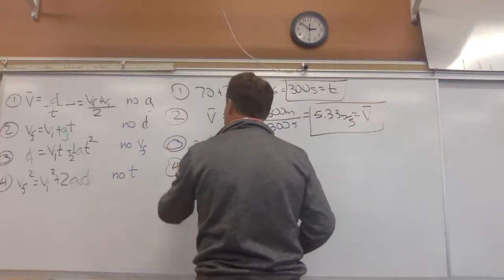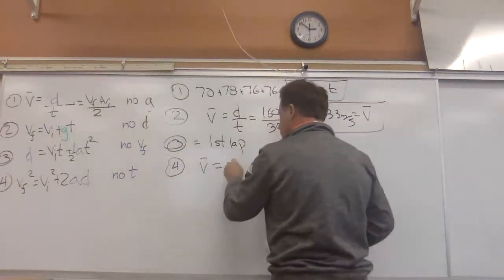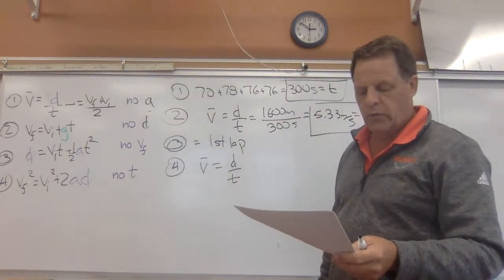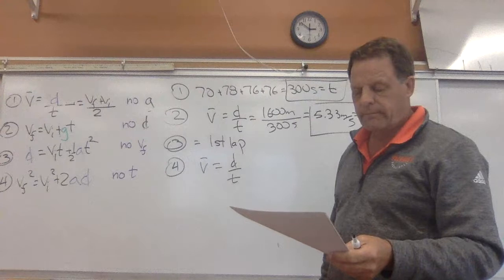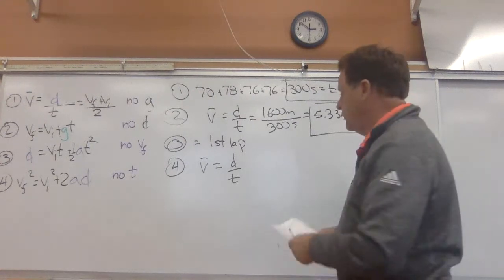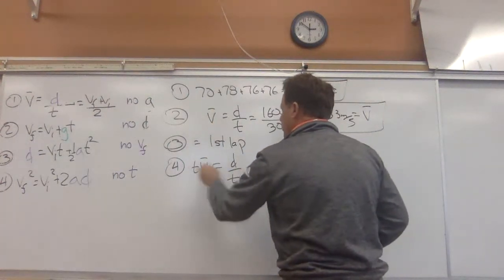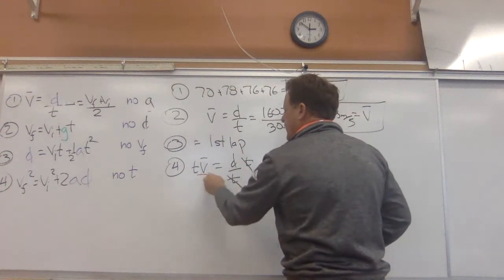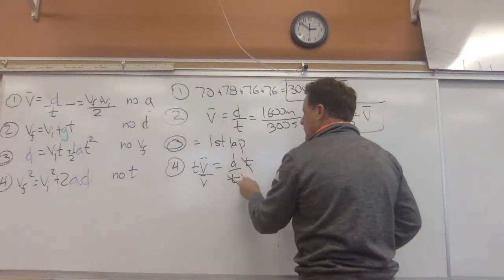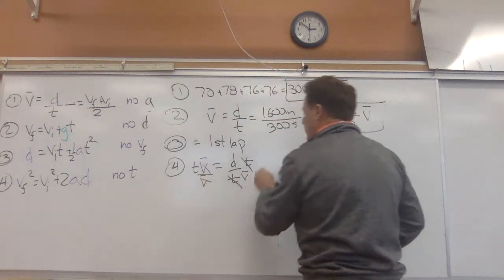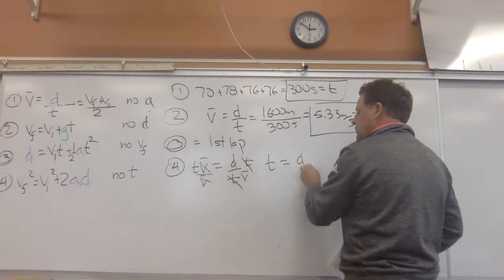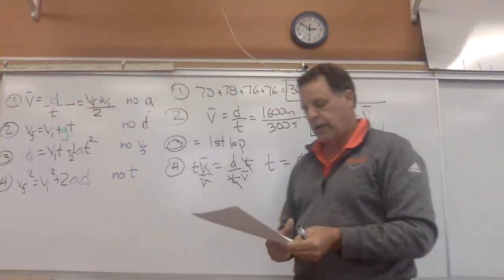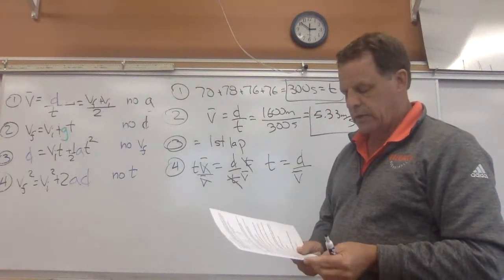Average velocity is equal to displacement divided by time, and I am asking for the time. So algebraically, we multiply both sides by time, and then divide both sides by average velocity. We end up with time equal to displacement divided by average velocity.